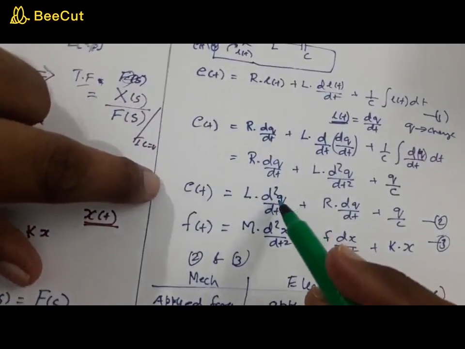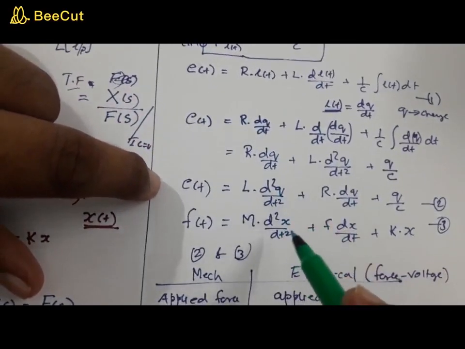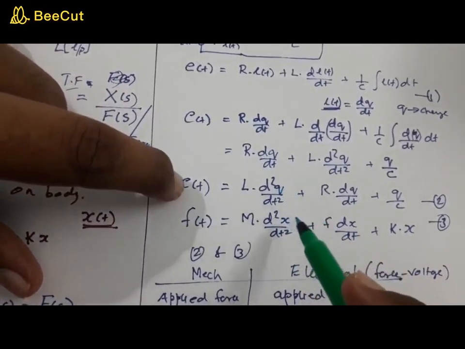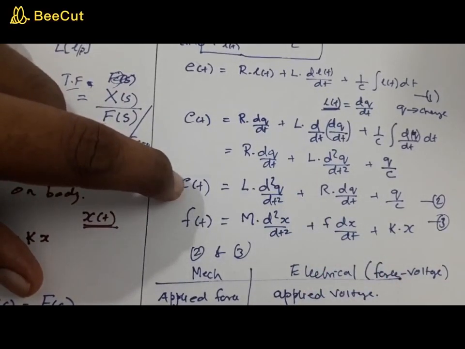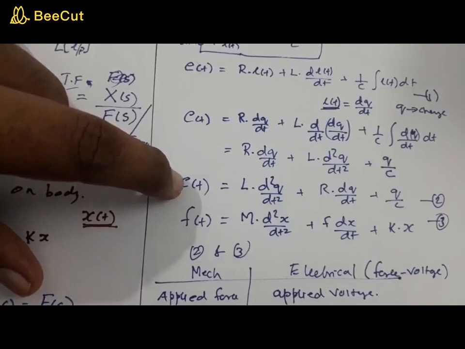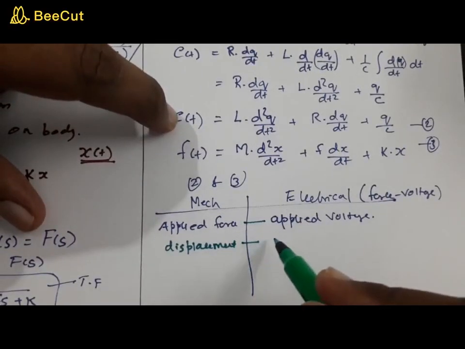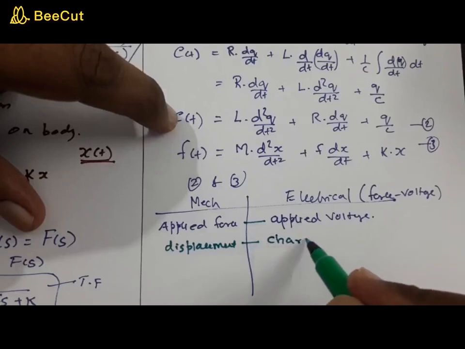Now next, let's go to the equation. There is d square q by dt square and d square x by dt square. Let's have this q and x. In the mechanical system you have the displacement due to the force, while in an electrical system the corresponding thing is the charge.